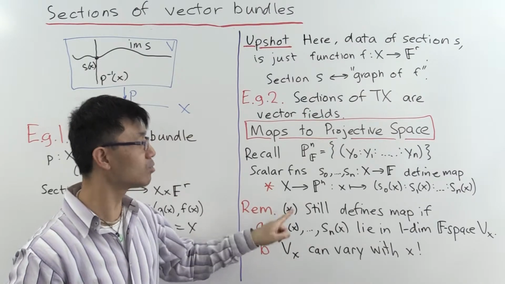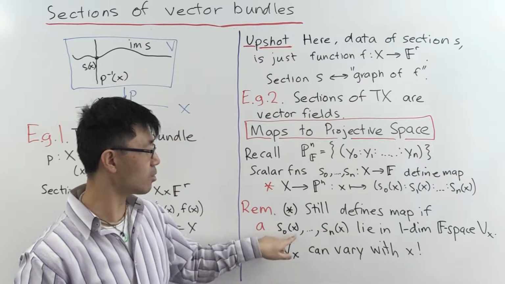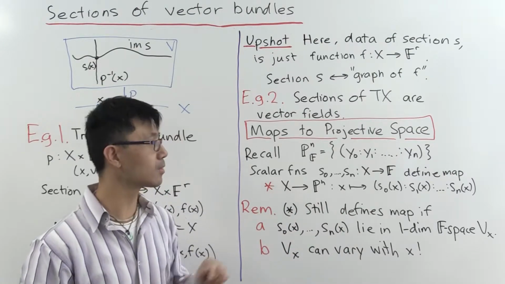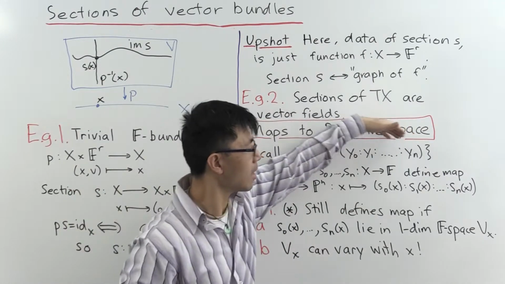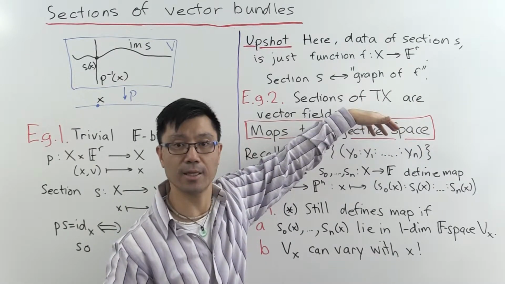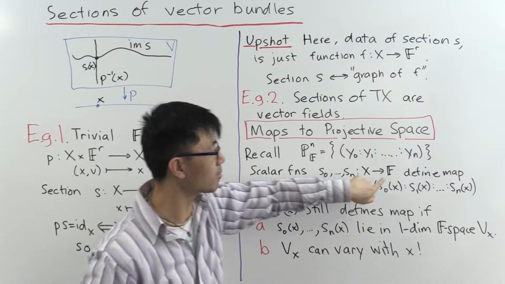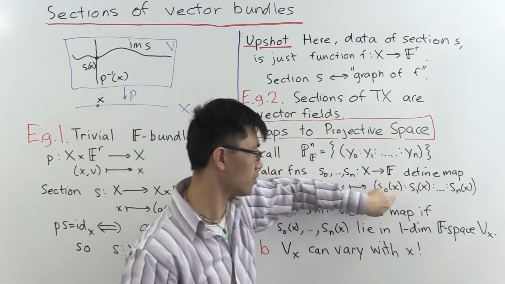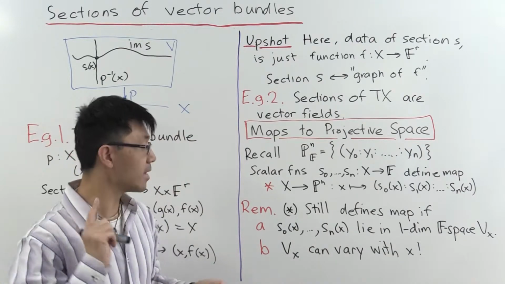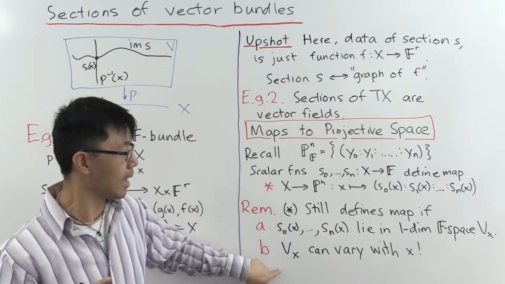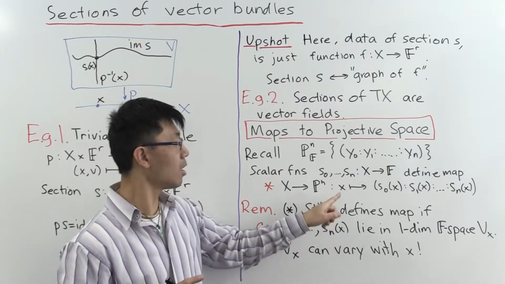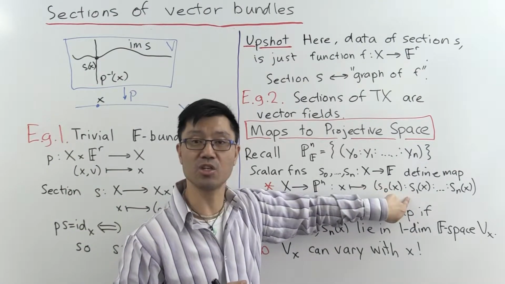So this still defines a map if these S0(x) up to Sn(x) lie in a one-dimensional vector space. And that has the advantage that you're really just looking at ratios, because you're not identifying them with actual numbers in each of these coordinate slots. They're just ratios. And the next part, which is the most important part, is that this one-dimensional vector space Vx can change as you vary x.